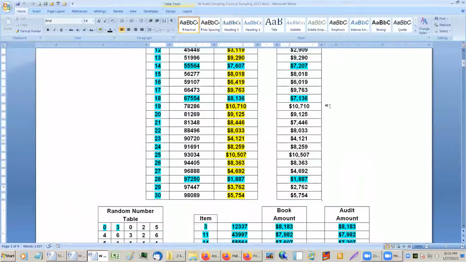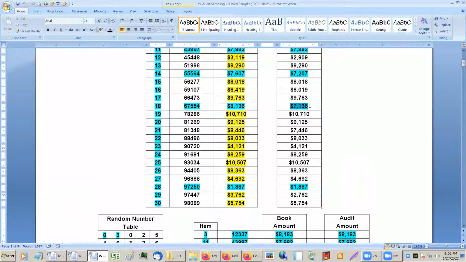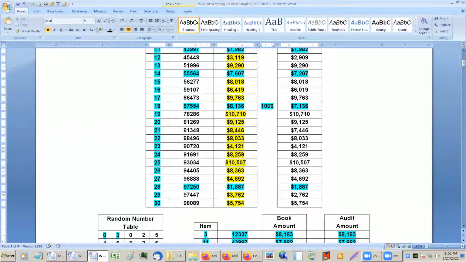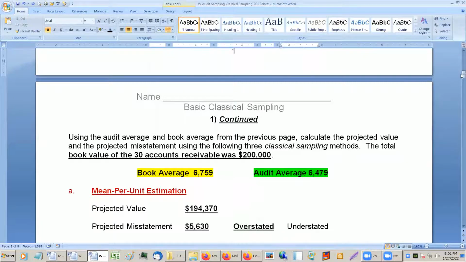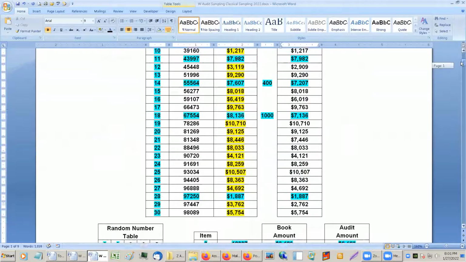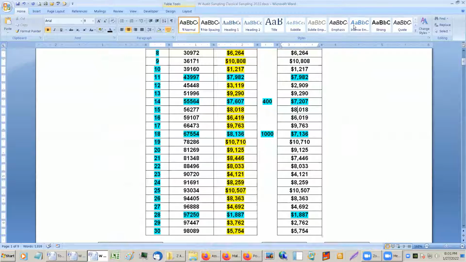Well, truthfully, for instance, these two: this one's off by 1,000, right? And this one up here is off by 400. Even if you determine that the projected amounts weren't material, you may very well give that to the client and say, look, you might want to adjust your books at least for those two that we found, because your books are off by those two.